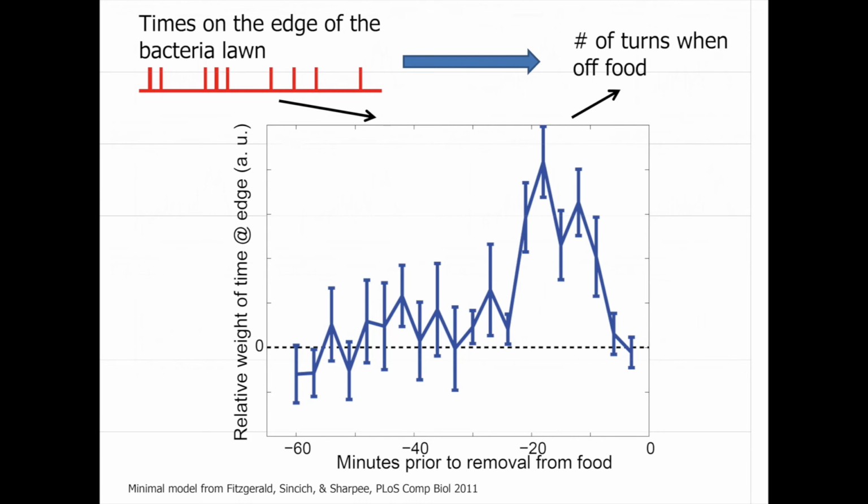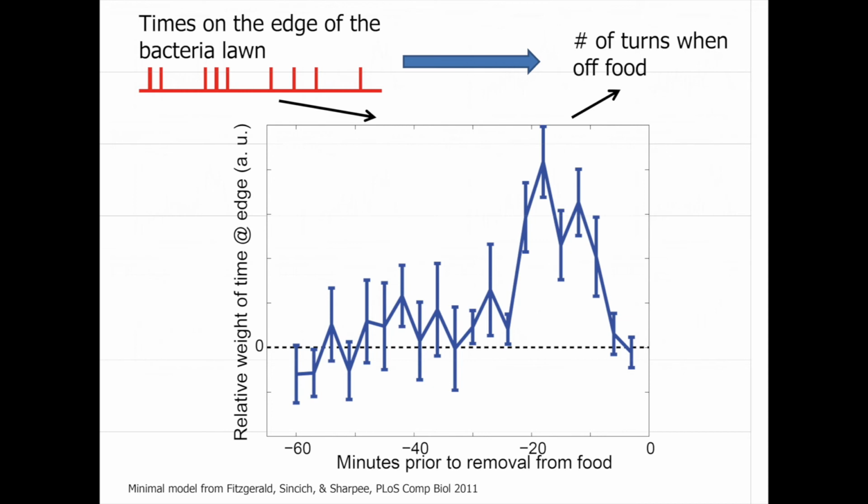Then we will find the optimal kernel, or optimal filter, that relates the memory of past sensory experience to the future number of turns. And that kernel actually has interesting features from the biology standpoint.